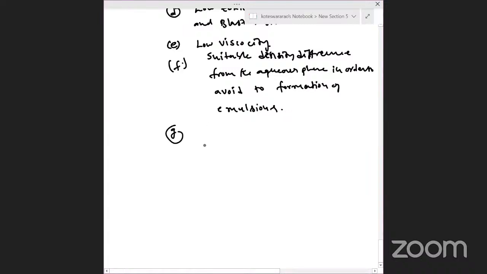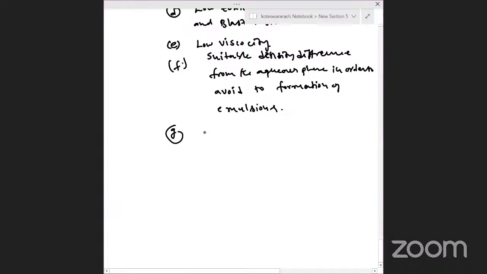Next point, chemical inactivity. If we are using two solvents in extraction and they undergo any chemical reaction, there is no meaning, because both the solvents can generate a new product, another compound. Therefore, it adds another compound to the solute, which changes the quality of the solute after extraction compared to before extraction.